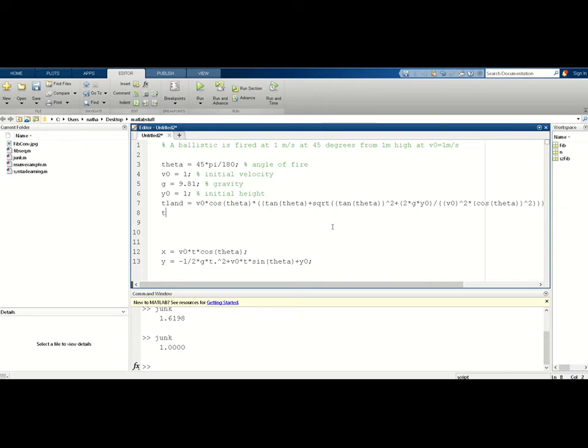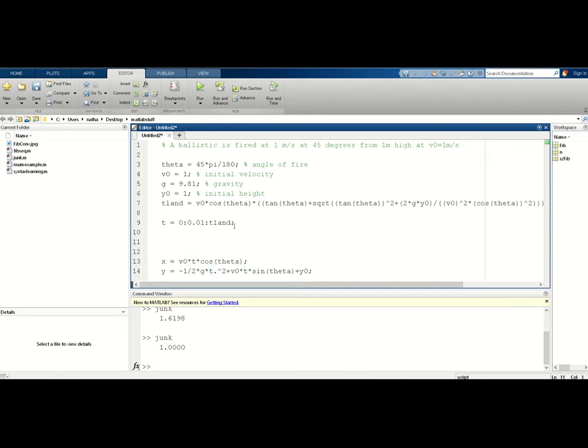My time vector now is going to go from 0 by, let's say, 0.01. Let's make it every 100th, up to the time that we land. You see what I did here? I've made a vector that says stop when I land, and when we highlight this t, you can see it's showing up in my equation here.